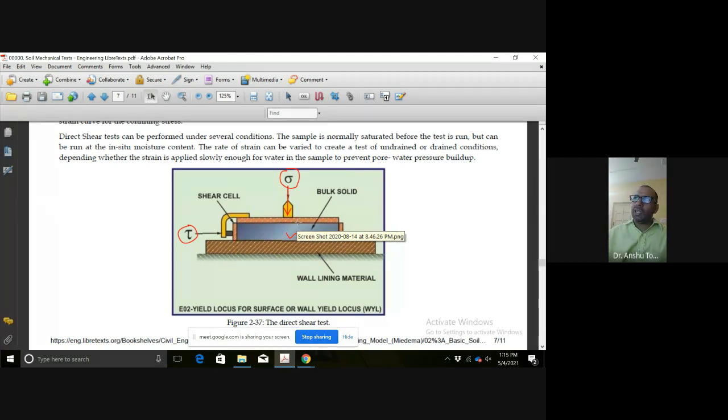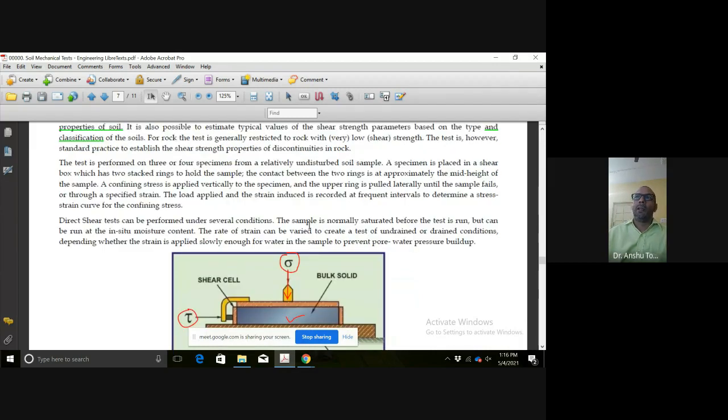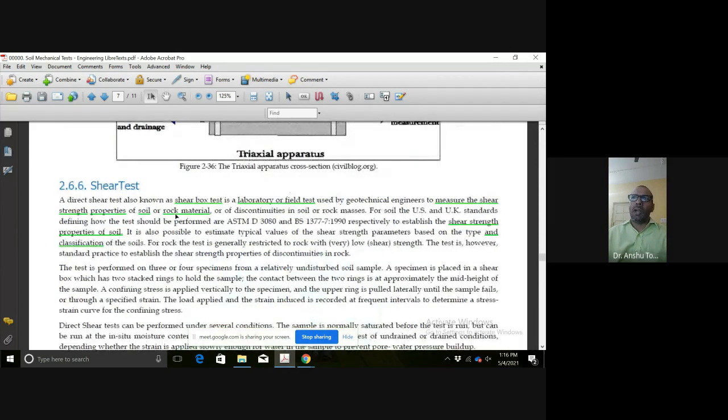So it is pressing down this particular sample, and from this lateral side we are having a horizontal shearing load. Now this particular soil sample is under a horizontal shearing force. This horizontal shearing force we have to evaluate, which is going to give the shear strength of this particular soil sample. It could be anything varying from soil to rock.